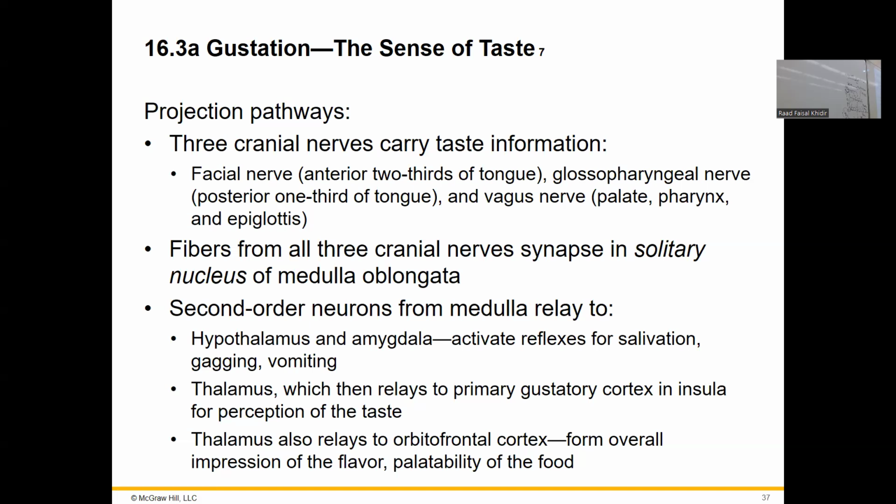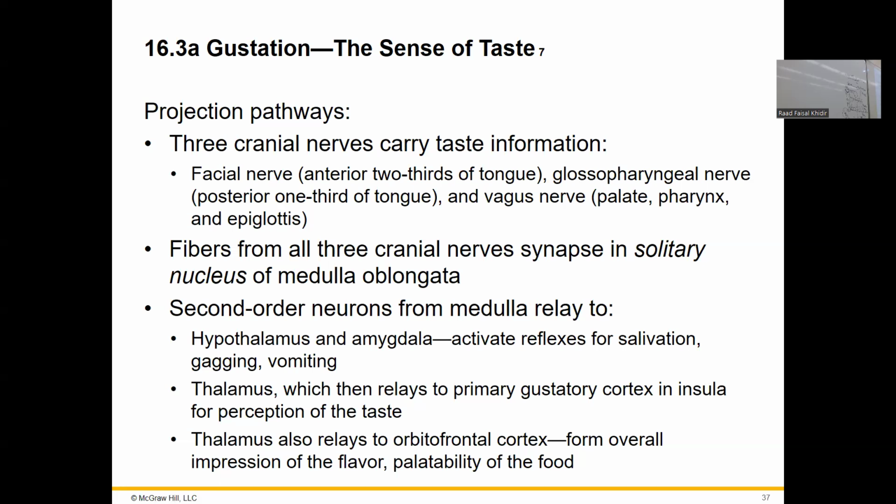The second order neuron is going to go from the medulla, depending on what type of food we are dealing with. The second order neuron is going to communicate between the medulla and the hypothalamus and the amygdala, or the thalamus. And then from the thalamus, we're going to go to the primary gustatory cortex.